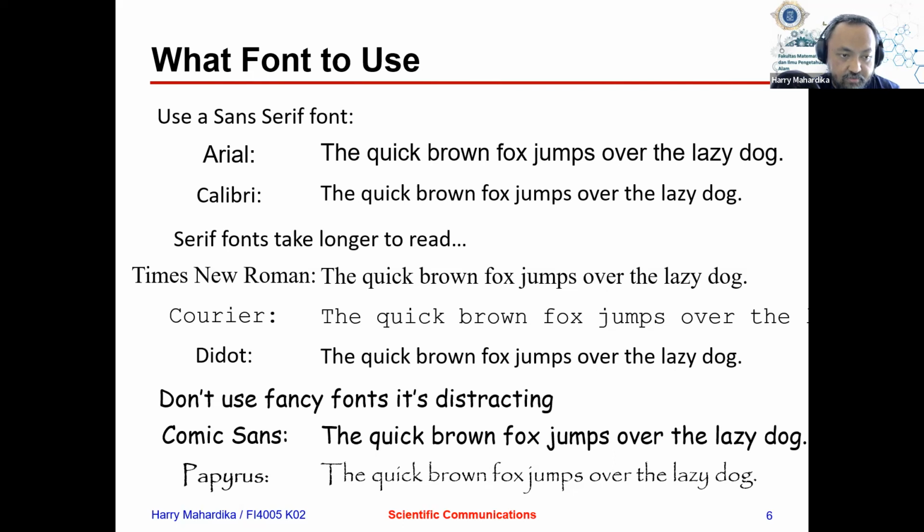And then another type of fonts are Courier, Didot, Comic Sans, and Papyrus. And Comic Sans can be considered as a fancy font in a scientific meeting.